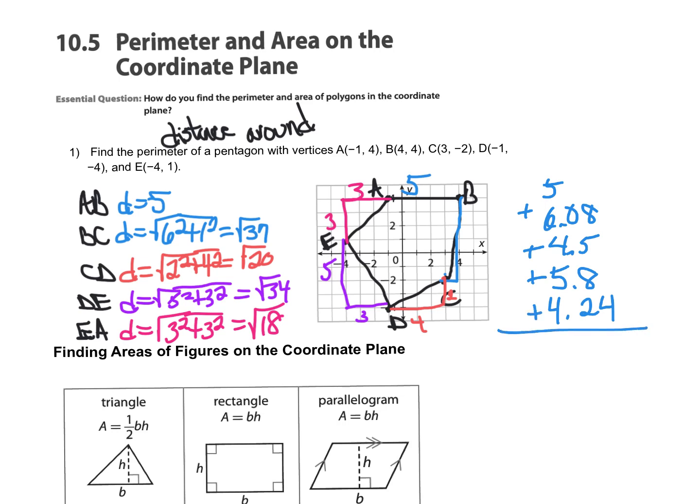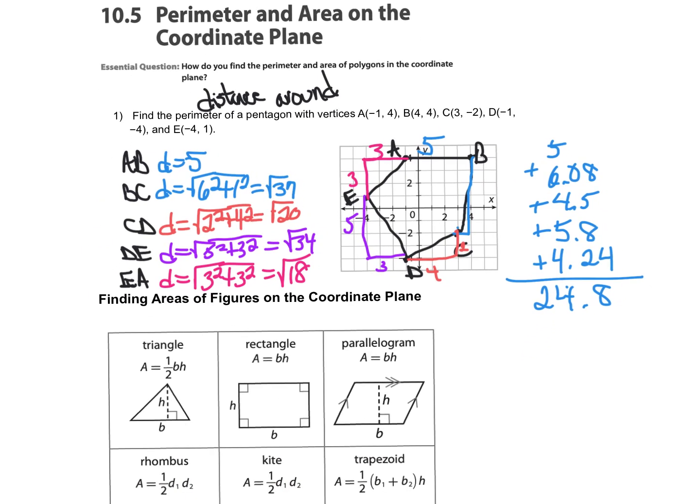So I get, let's see, plus 6.0. If I add all those together, I get about 24.8. That's the perimeter around. We've done this a lot, and you should know distance.